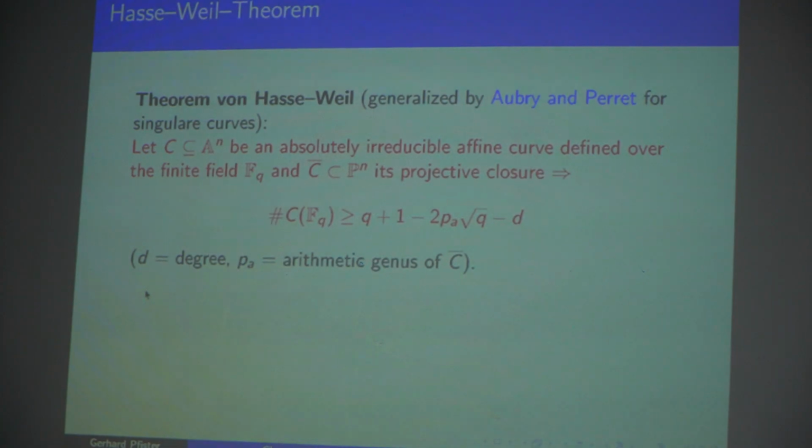So the Hasse-Weil theorem says the number of points over Fq is greater or equal to q plus 1 minus 2 times the arithmetic genus times the square root of q, minus d.